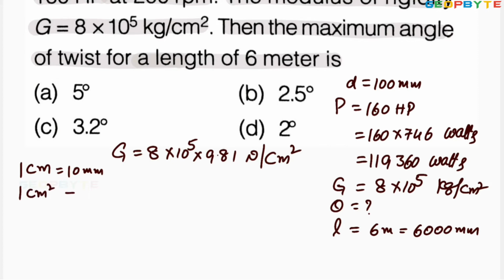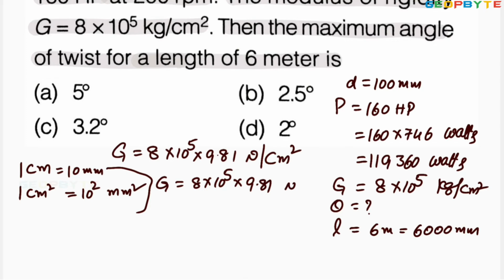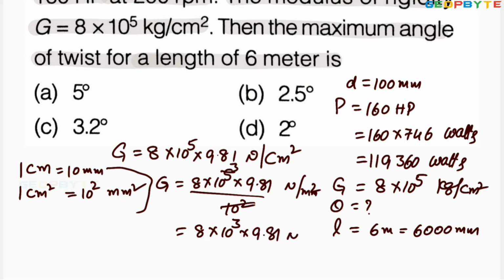Then 1 centimeter square equal to 10 square millimeter square. So it can be also written as G equal to 8 into 10 power 5 into 9.81 Newton per centimeter square, equal to 10 square mm square, Newton per mm square. So it is equal to 8 into 10 power 3 into 9.81 Newton per millimeter square.